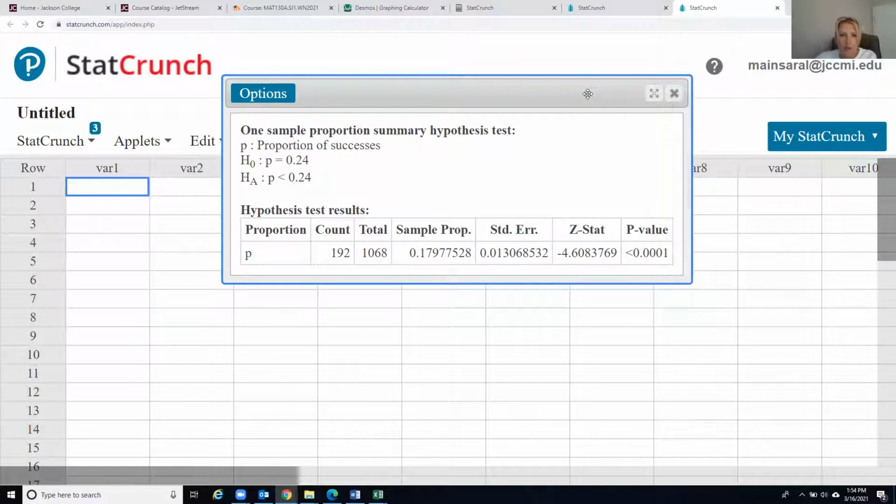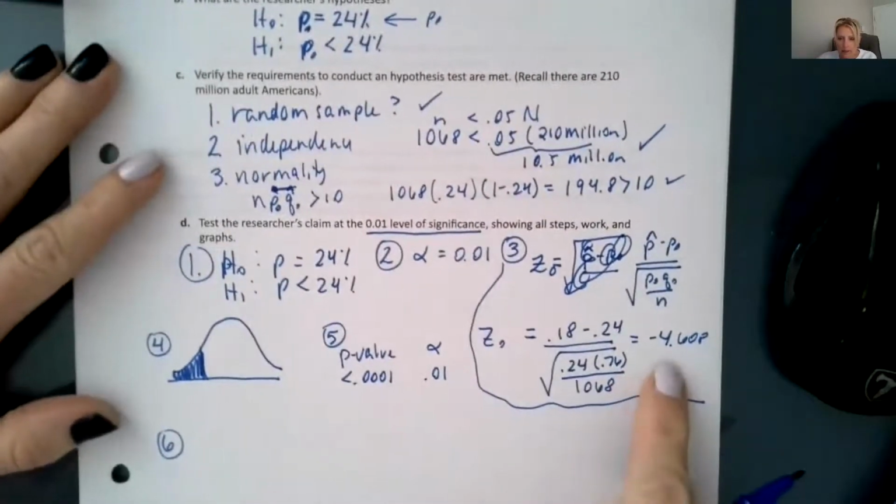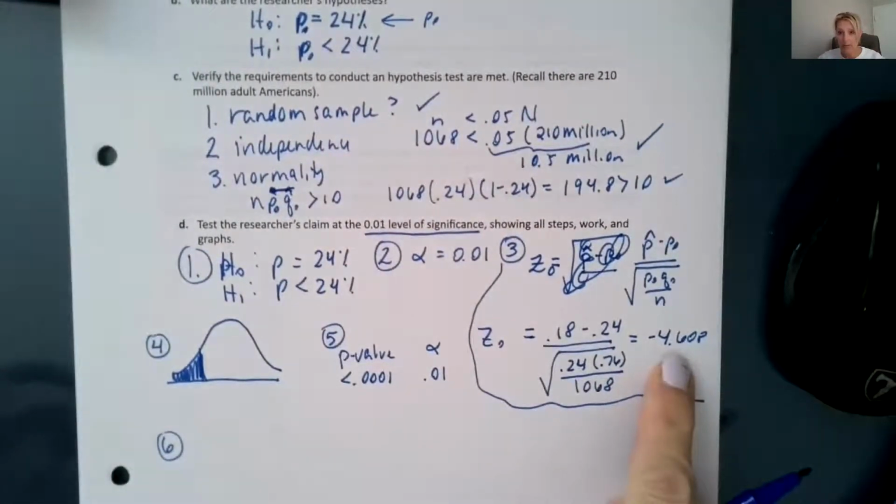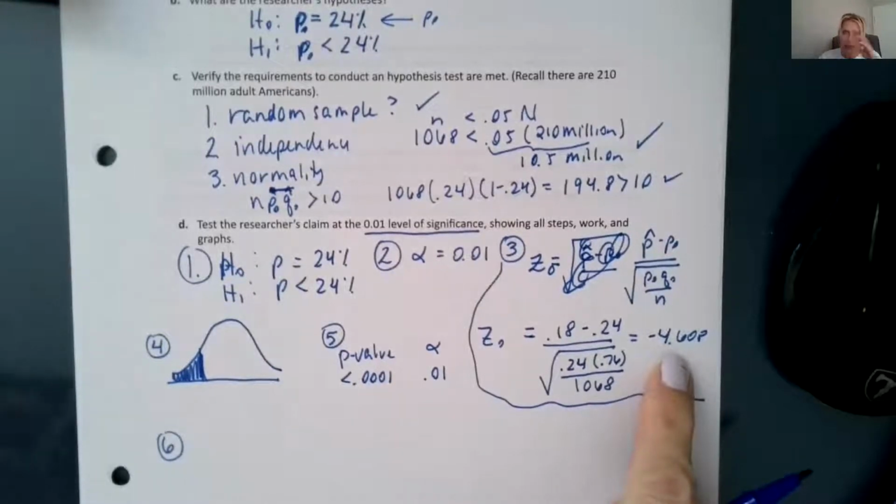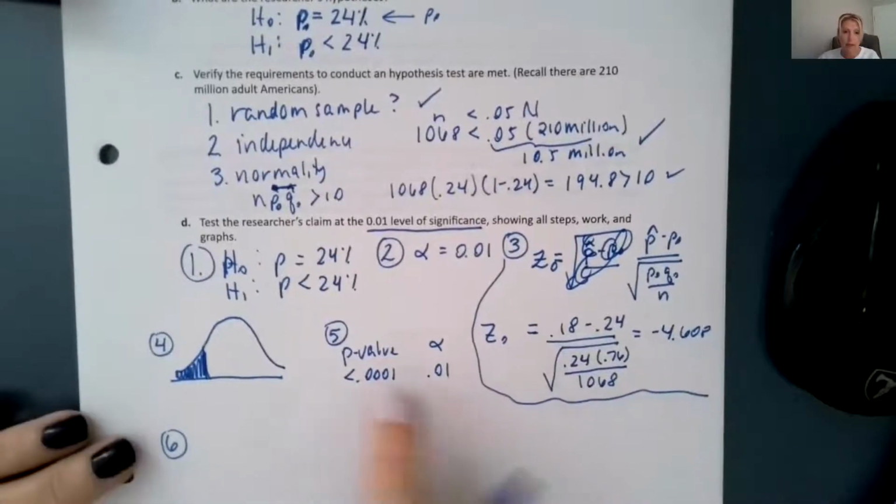Okay, and so I want to make sure everybody has that written down. So let's go back to our course pack. And so there's our Z statistic, which means we are actually 4.6 standard deviations below the mean. Even by our requirements back in chapter 3, that is definitely an unusual event.